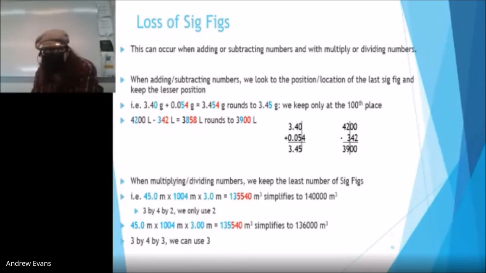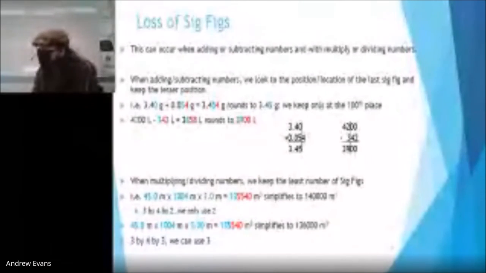So when we add and subtract, there is a rule. So we'll use this in practice. When we add and subtract, we figure out where is the last sig fig. We line these up like we're doing grade school math. I know it seems stupid, but it actually really helps.